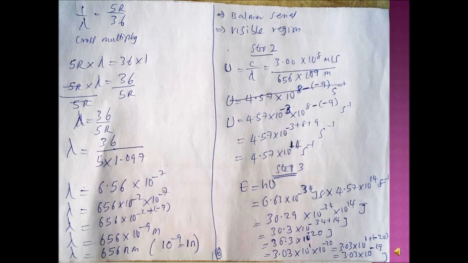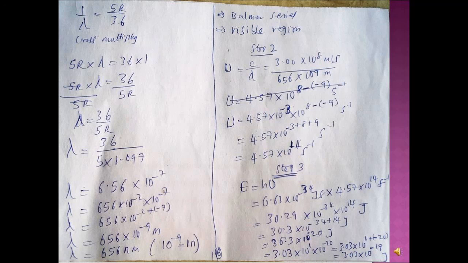Because we have two tens here, one is 10 to the power 8 and one is 10 to the power minus 9. So you take 1 and then you do 8 minus 9. Where do we get this minus from? It is from this division according to the law of indices. When you divide, you subtract. So after all that, we end up having 4.57 times 10 to the power 14.